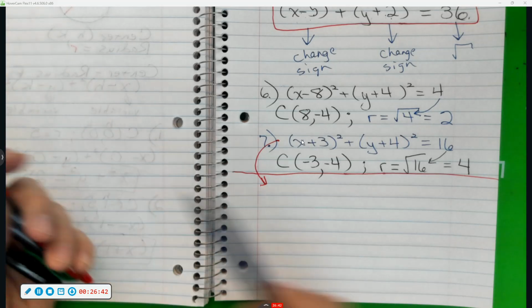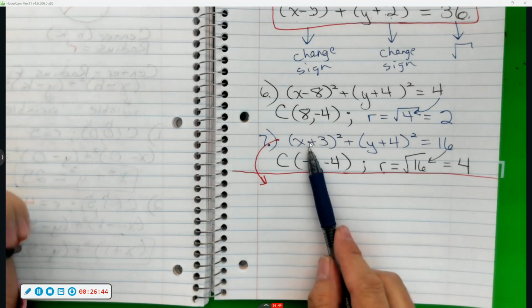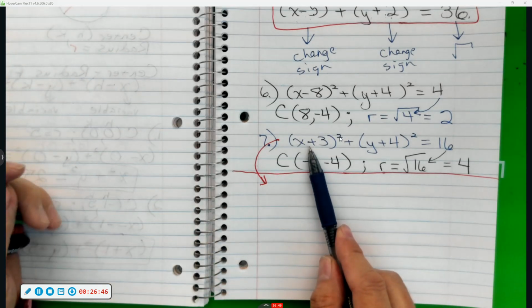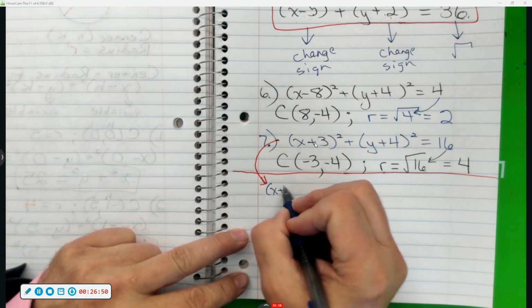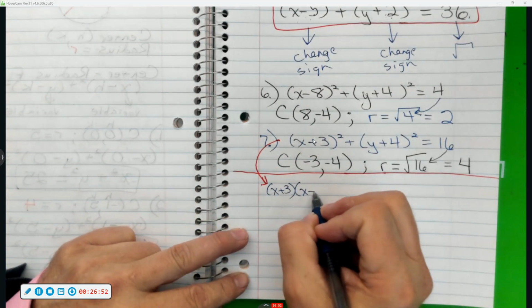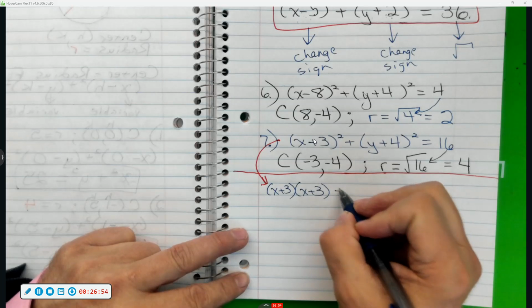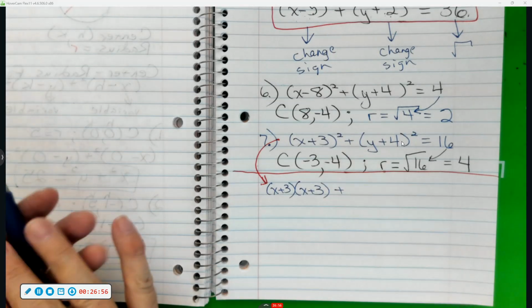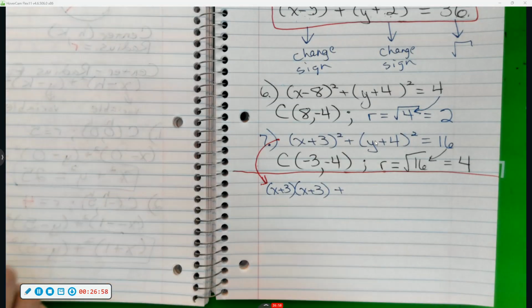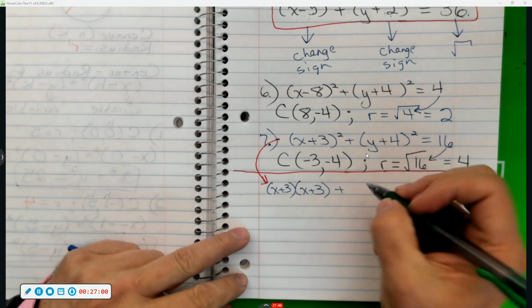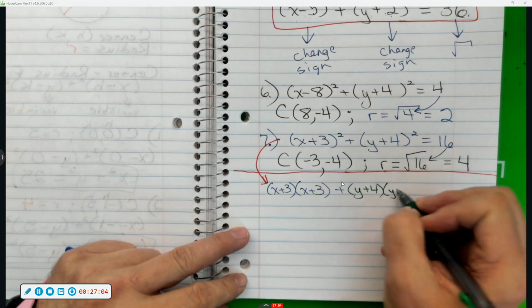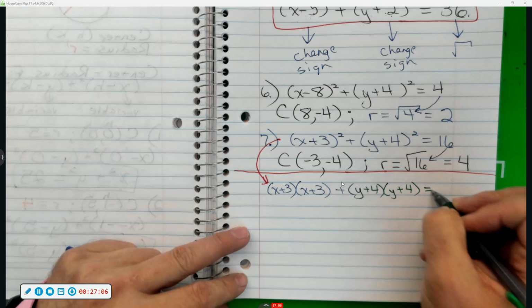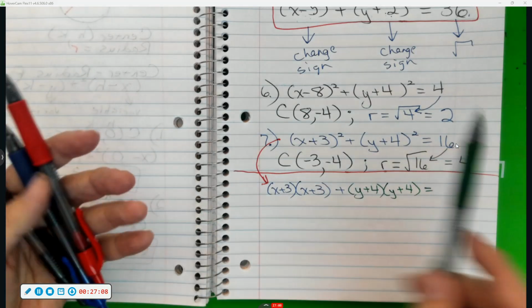I said that to square x plus 3, we'd have to write it twice. X plus 3 times x plus 3 plus y plus 4 squared. What am I going to have to do there? Write it down twice. Y plus 4 times y plus 4 equals, we have that 16.